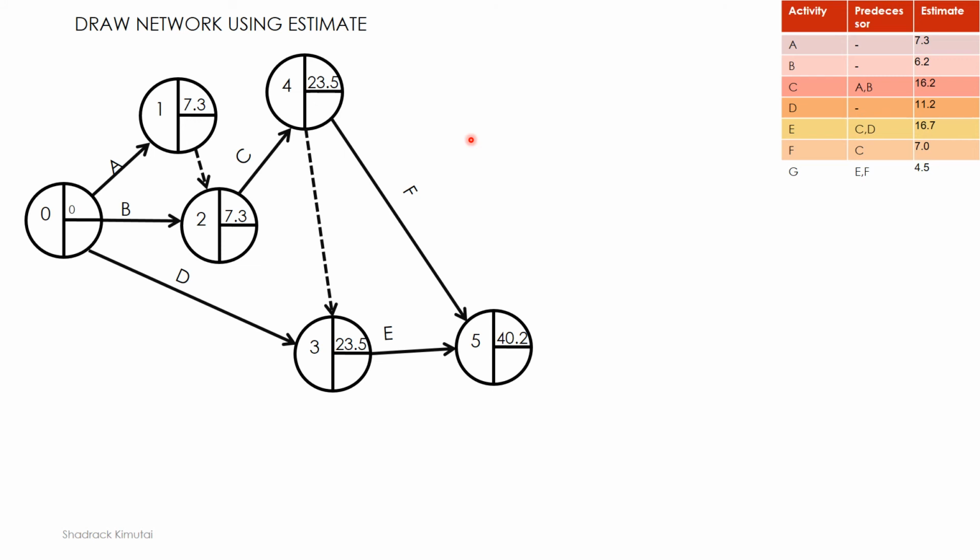And if you had drawn your network such that F comes from E, you'll have two problems. First of all, you will encounter two activities, that is F and E, starting from event number 3 to number 5. Secondly, you'll have forced activity F to start after D has stopped, yet it's not dependent.